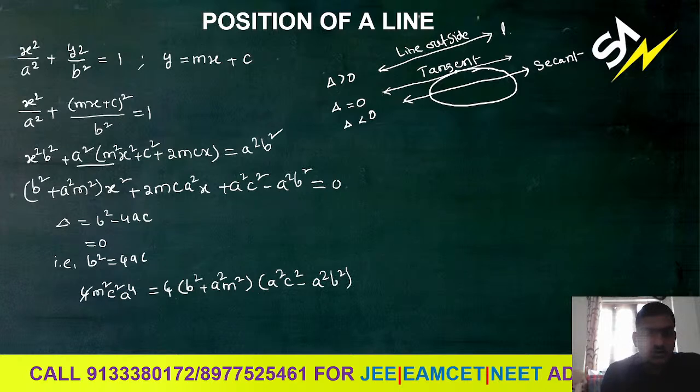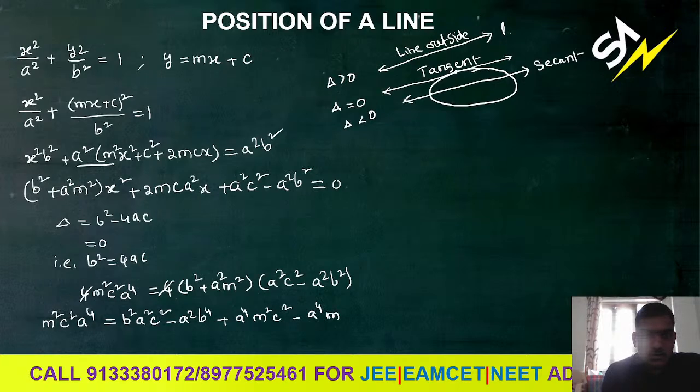So here 4 and 4 get cancelled. What is left? m square c square a to the power of 4, which is equal to b square a square c square minus a square b power 4 plus a power 4 m square c square minus a power 4 m square b square.